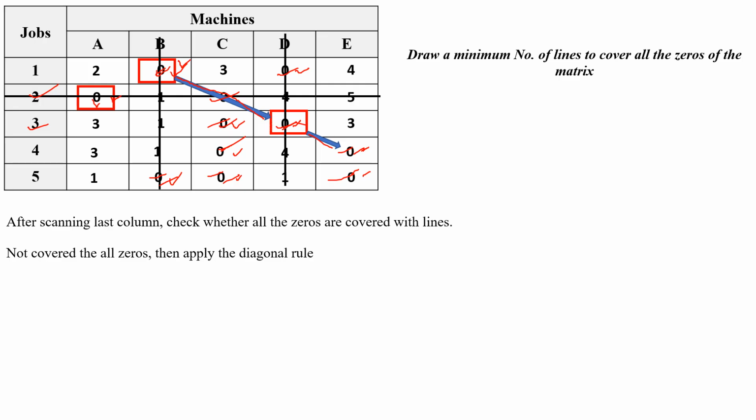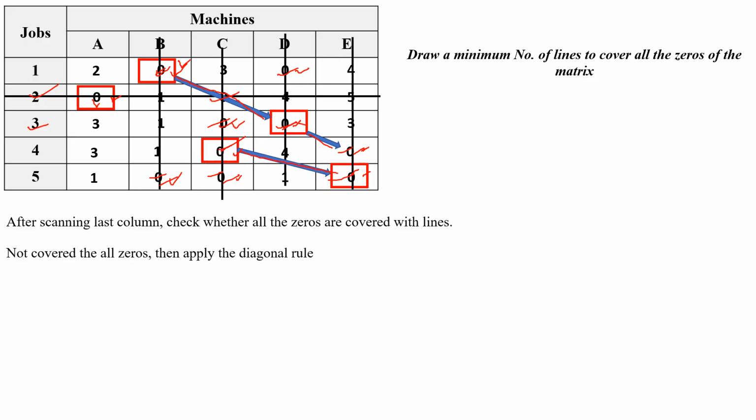Next in the fourth row, I select this zero which has diagonally another zero in the opposite row, then mark a square and draw a vertical line. In the fifth row, there is exactly one zero, so mark a square around that zero and draw a vertical line.